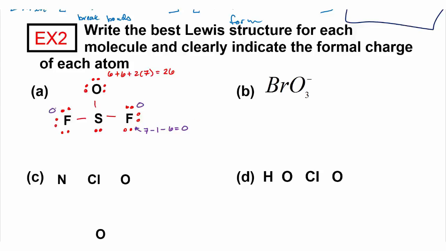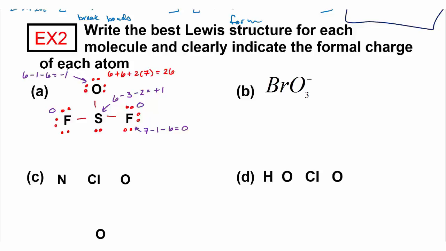So these fluorines are 0. Looks good so far. For this sulfur, I have 6 valence minus 3 bonds minus 2 lone electrons. I have a positive 1. And for this oxygen, 6 valence minus 1 bond minus 6 lone electrons, negative 1.